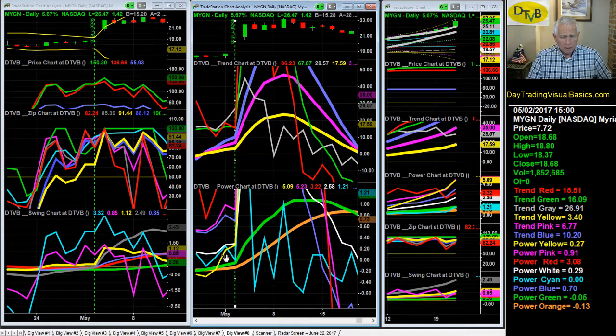All 4 are above 0. Zion is above 0, but Zion is divergent to white and yellow in this case, and it's also under all 4 of them, but it is above green, and it's down touching green and down touching 0 at the same time. Whenever you have one indicator doing 2 things, that usually is indicative of a stronger movement. And in this case, a $4 movement from previous close to the end of day closing is really nice.